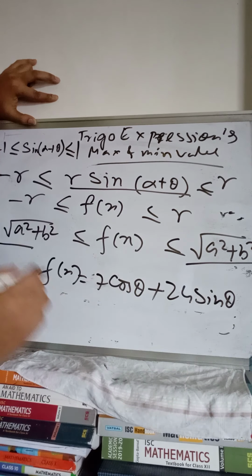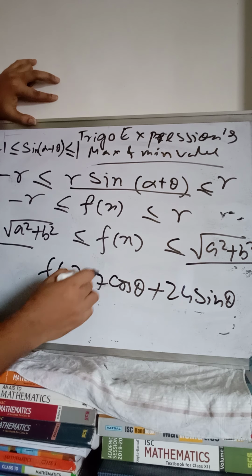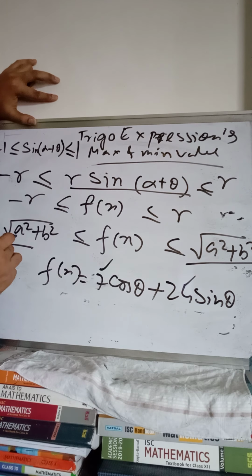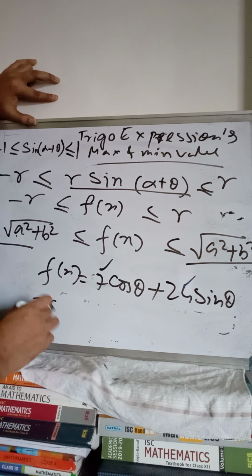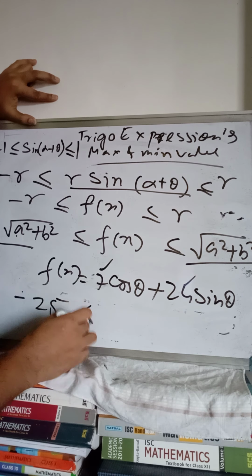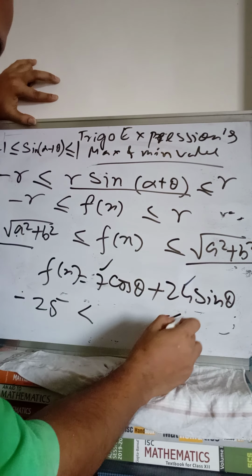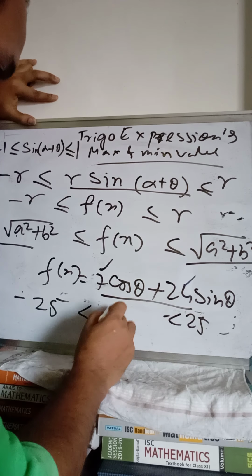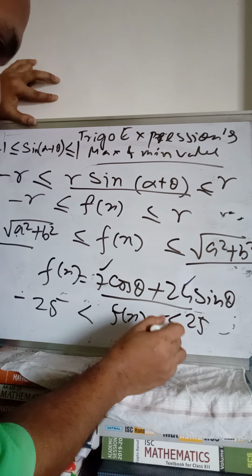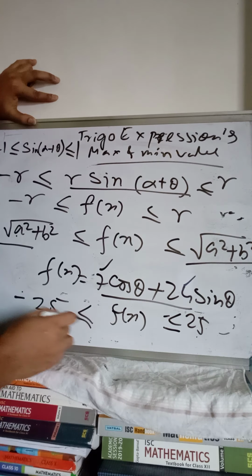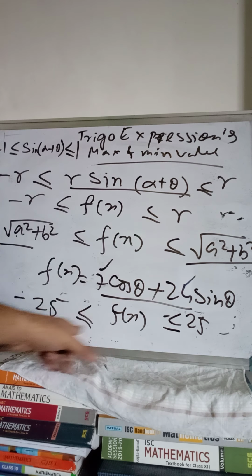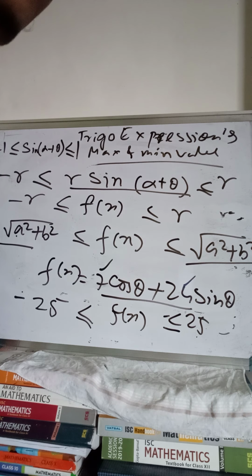So for the maximum and minimum value, a is 7, b is 24, so root of 7 square plus 24 square is 25. So this f(x) value will lie between minus 25 and plus 25, that is, greater than or equal to minus 25 and less than or equal to 25. Understood? Okay.